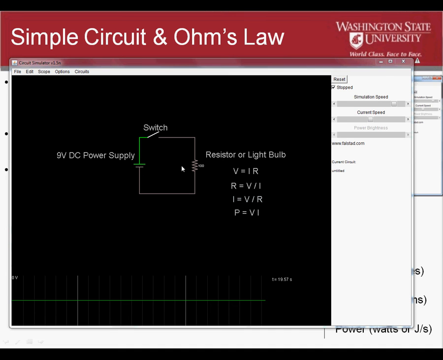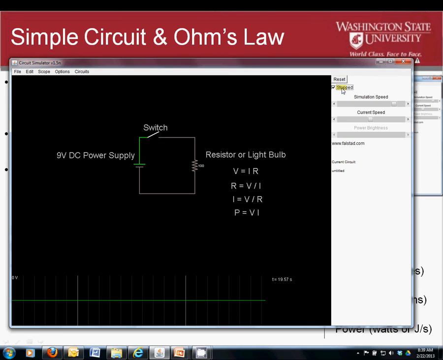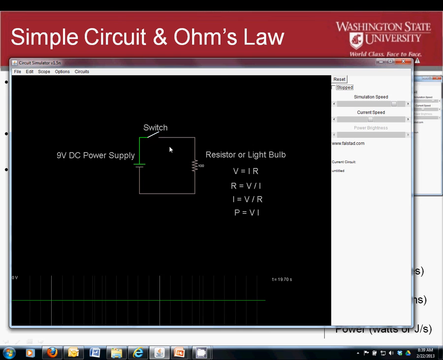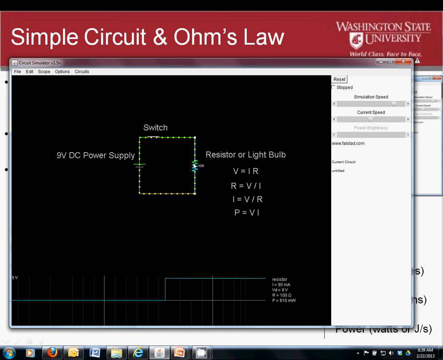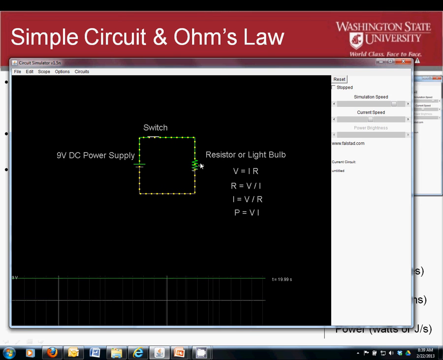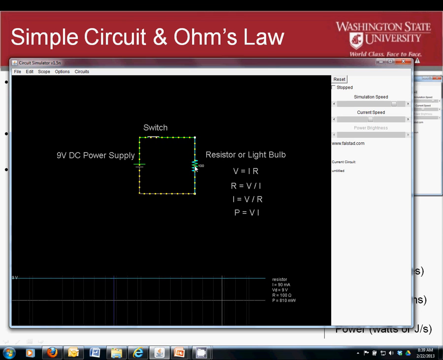If we engage the switch, excuse me, and hover over the resistor, we can see that down in the lower right hand corner it shows 90 milliamps of current, the voltage drop across the resistor of 9 volts, the resistance of 100 ohms, and the power being absorbed at 810 milliwatts.